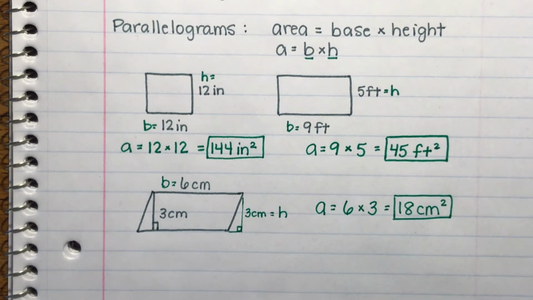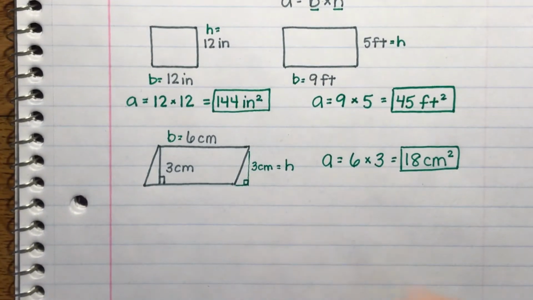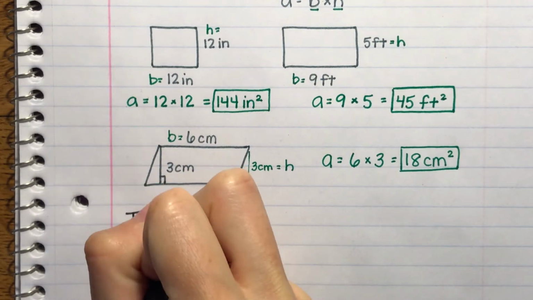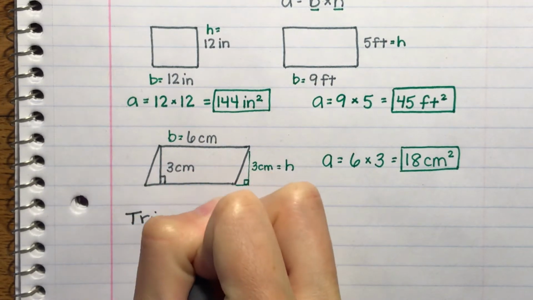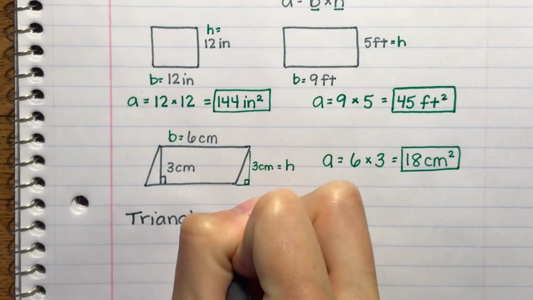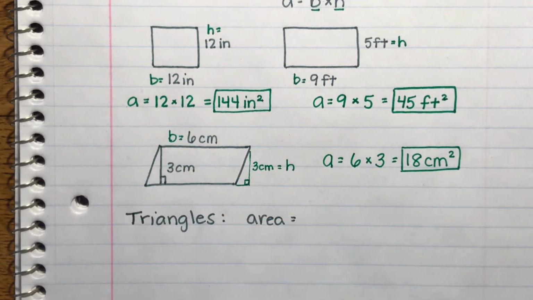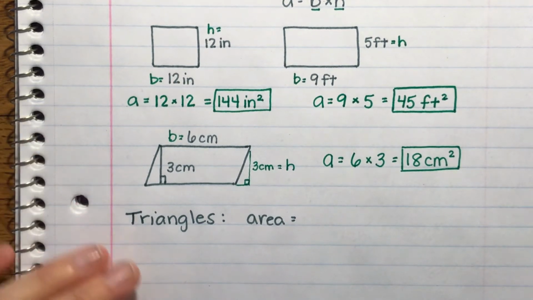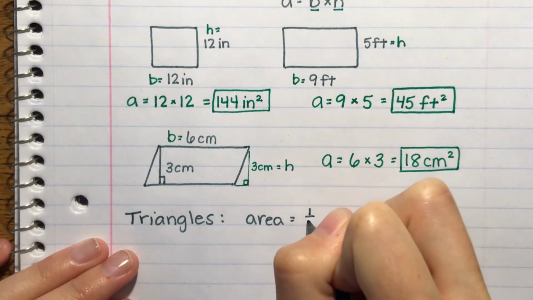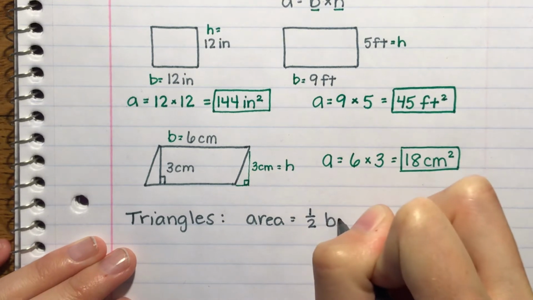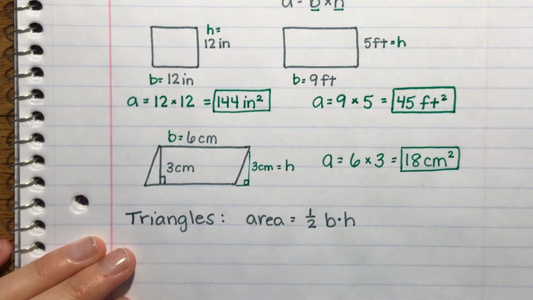All right, so let's now move to triangles. Triangles are very similar. There is only one difference. So when I find the area of a triangle, I am going to do area equals 1/2 base times height.